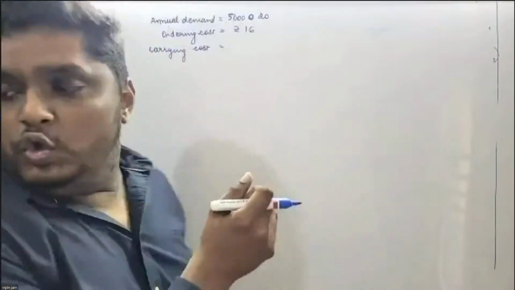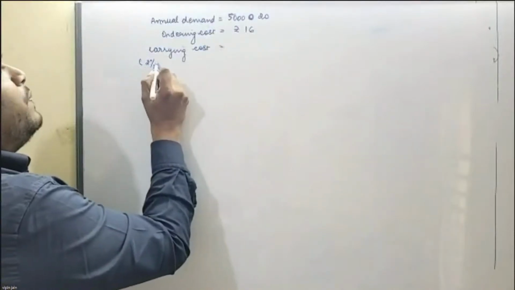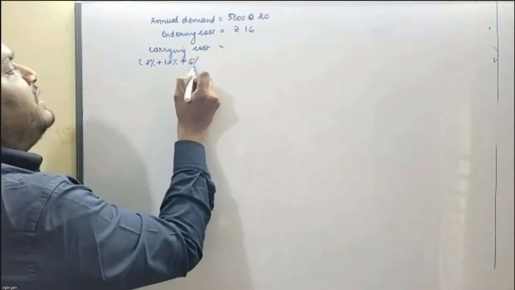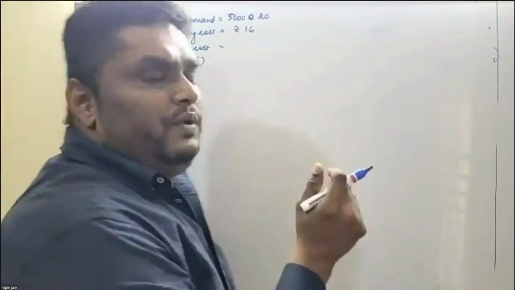So 2% plus 12% plus 6%, that is 18%. Sorry, 2% plus 12% plus 6%, that is 20% is the carrying cost. So overall it is 20%, and 20% is the carrying cost of the unit price.